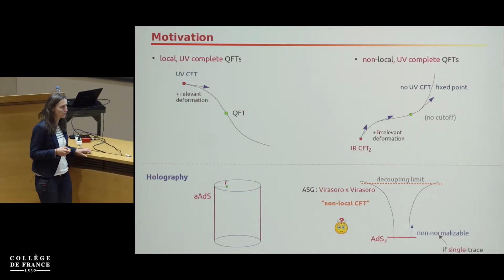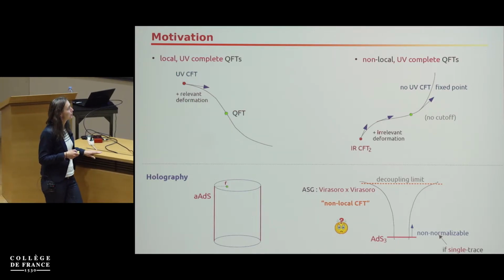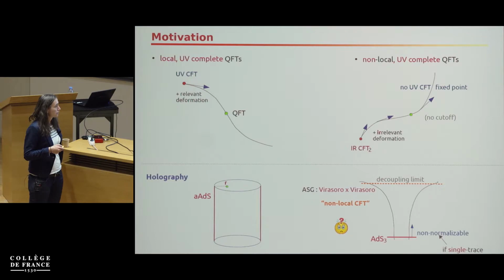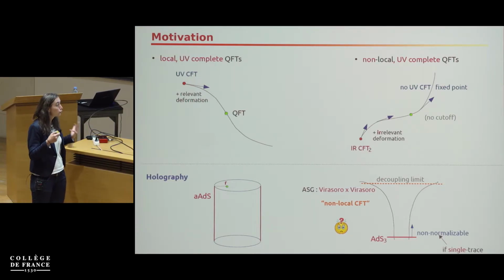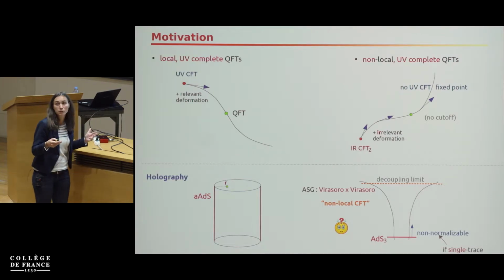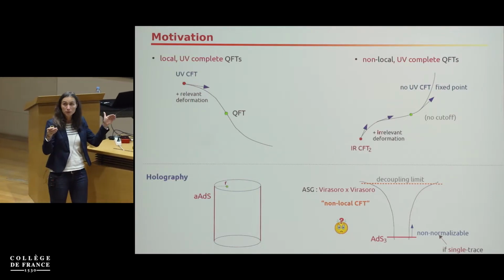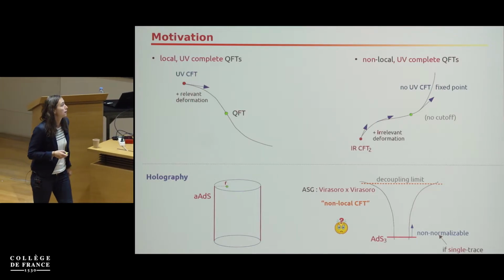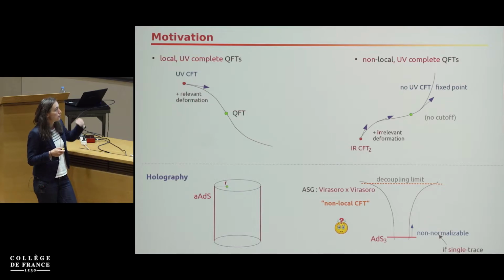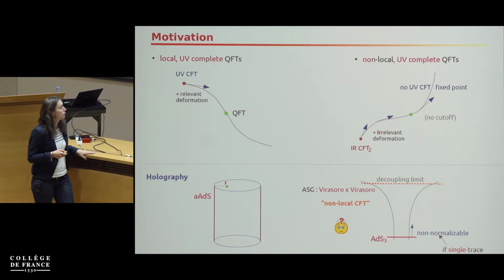It's a paper from '86, if I'm not wrong, by Brown and Henneaux, where they studied the, so he probably told you that the true symmetries of a gauge theory, and in particular of a gravitational theory, live at the boundary, and it's given by diffeomorphisms that act non-trivially on the boundary of the spacetime.